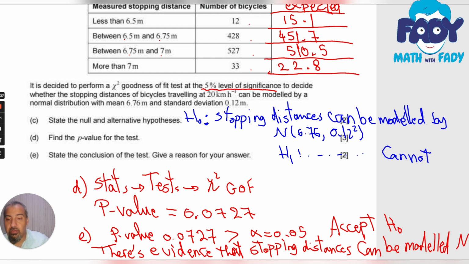So this is the reason here that the p-value is more than alpha, and this is our conclusion.